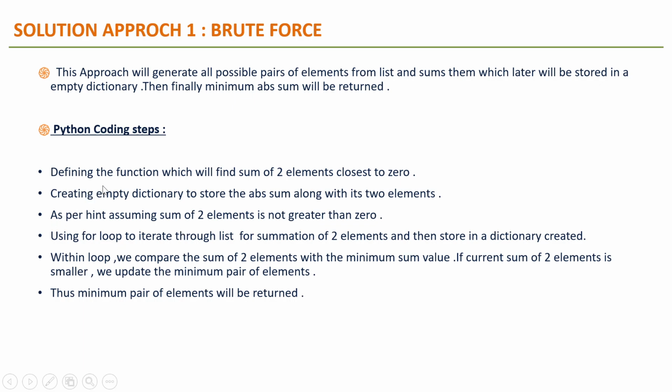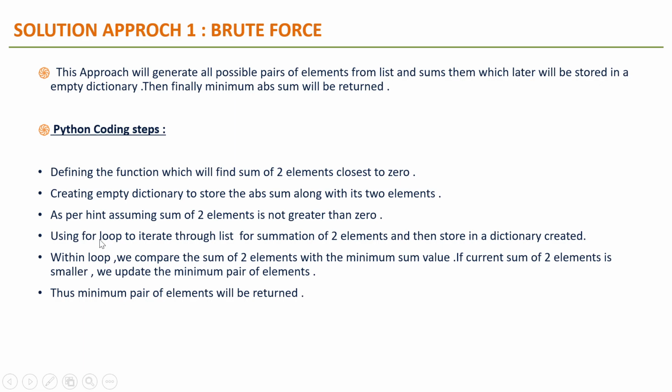What I have done is I have defined a function at the initial stage, and I have created an empty dictionary at the start of the program to hold the absolute sum of the two elements, which will be added during the continuous iterations.